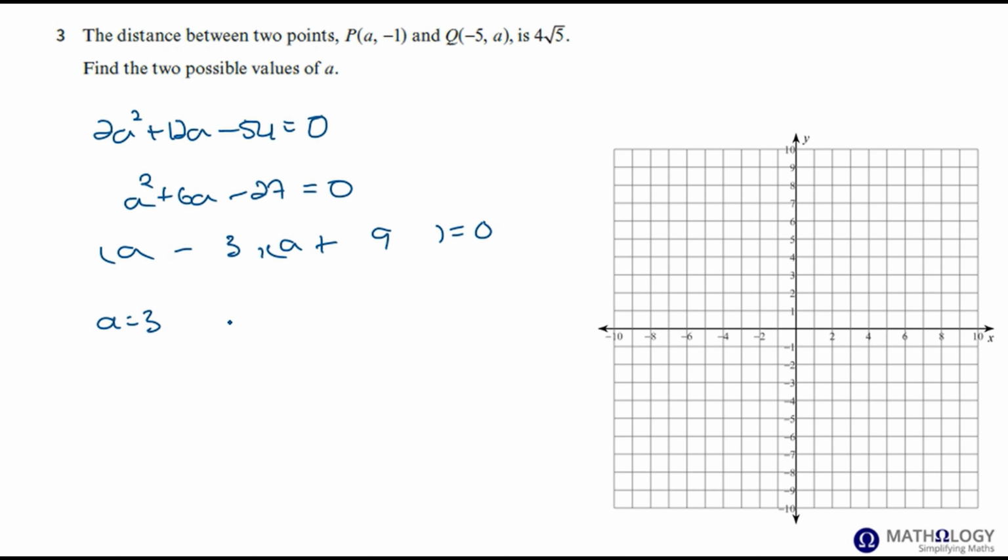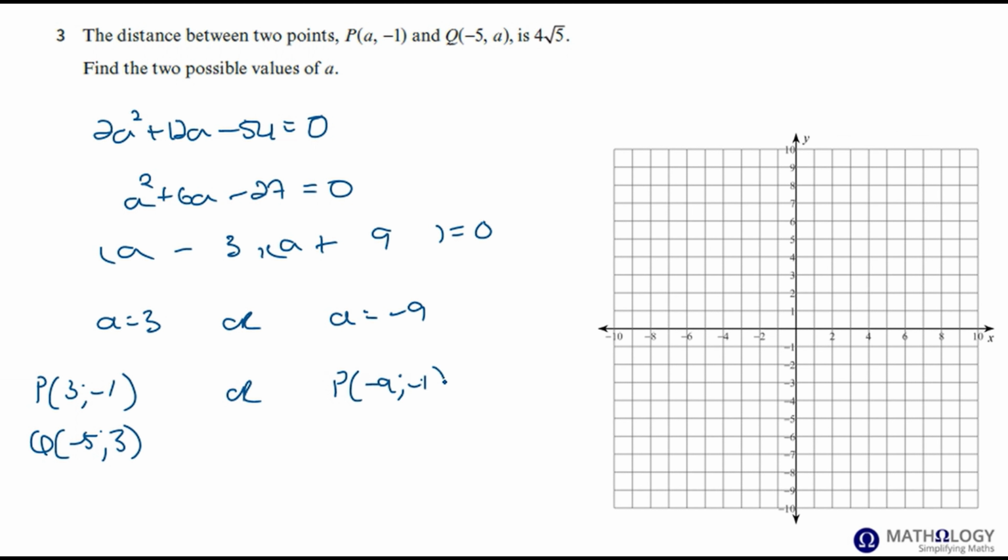So A equals 3 or A equals minus 9. So the 2 points, if P is the point (3, minus 1), then Q is the point (minus 5, 3). Or if P is the point (minus 9, minus 1), then Q is the point (minus 5, minus 9).